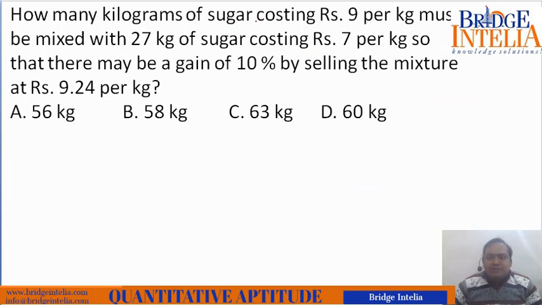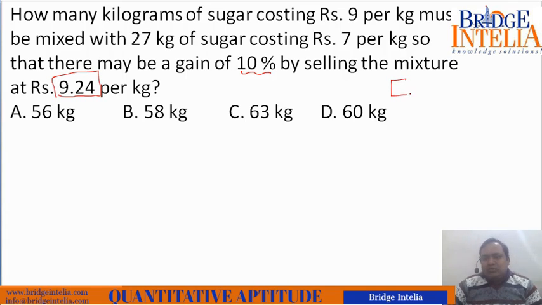How many kilograms of sugar costing rupees 9 per kg must be mixed with 27 kgs of sugar costing rupees 7 per kg so that there may be a gain of 10% by selling the mixture at 9.24?